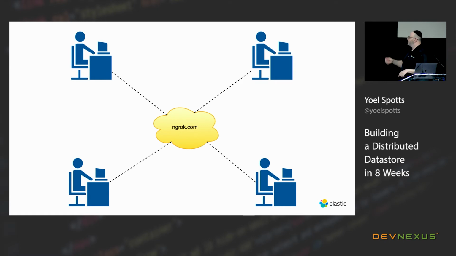So I introduced them to ngrok.com. You run an ngrok process locally, and it communicates with something in the cloud, and you can see all the traffic going between the different servers online at the particular URL that they give you.